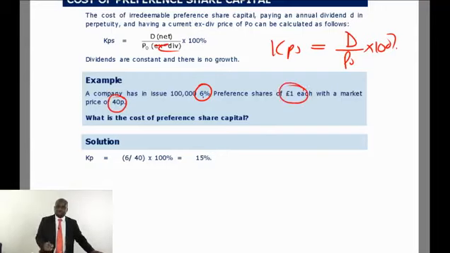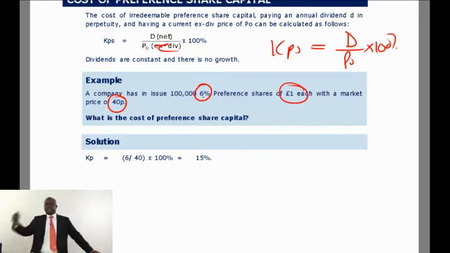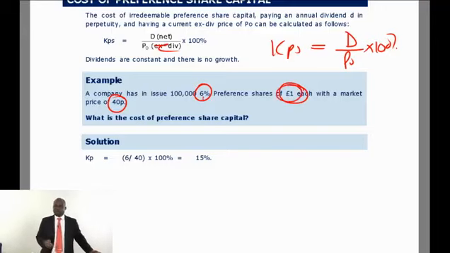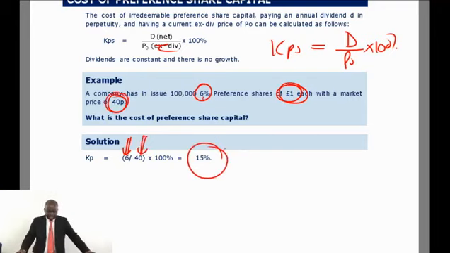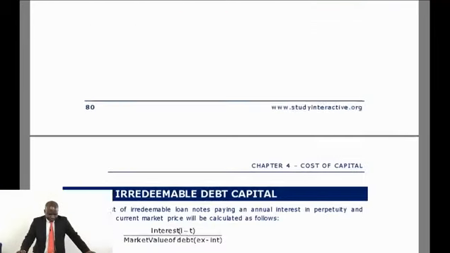I would have to base it on the nominal value of the share. So 6% of £1 gives you 6 pence divided by the market price, which is 40 pence, and that gives you 15%.